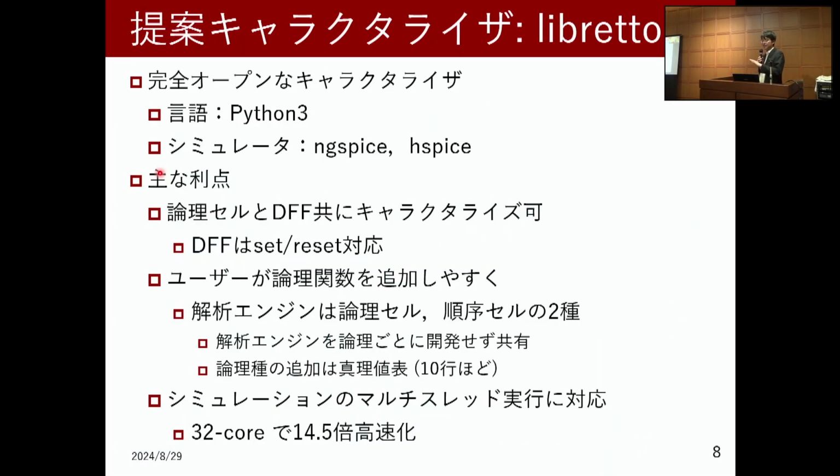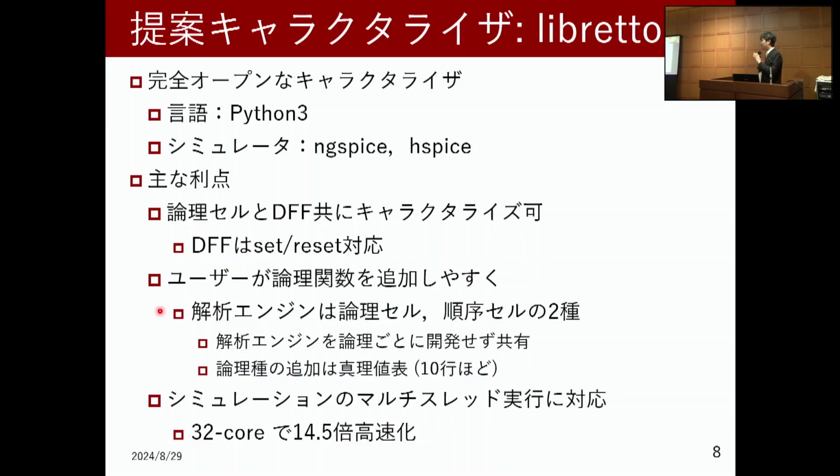Again, this slide explains our contribution. Our characterizer Libretto is designed with Python 3 and the simulator is NGSpice, so everything is free. It also supports logic cells and sequential cells, and to support more logic cells, Libretto is designed to enable new cells by introducing the truth table.